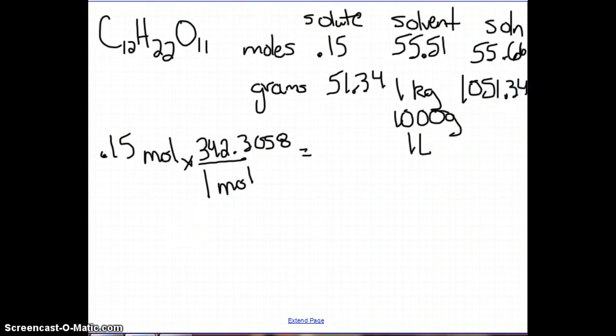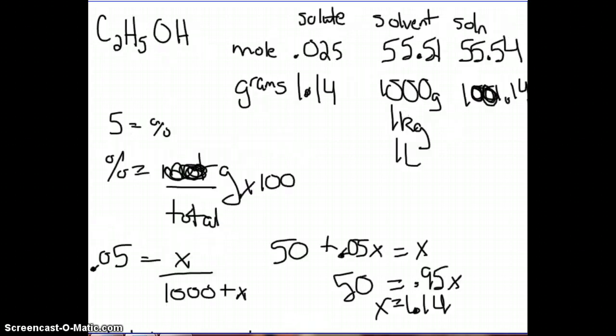Now we're ready for our calculations. Molarity is pretty simple because, as you noticed, it's pretty much always the same as molality because we're not dealing with high temperature situations. So we got 0.15 over 1. That's just going to give us 0.15 molar. So we can go ahead and add that to our chart back over here.